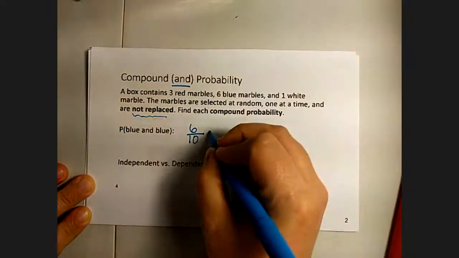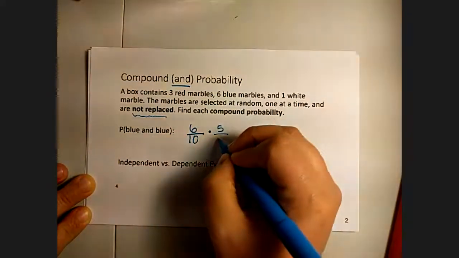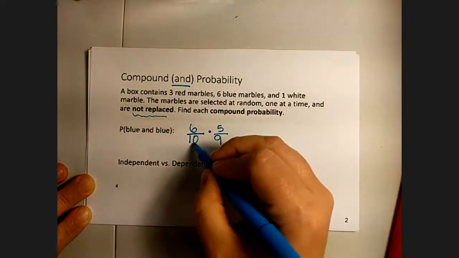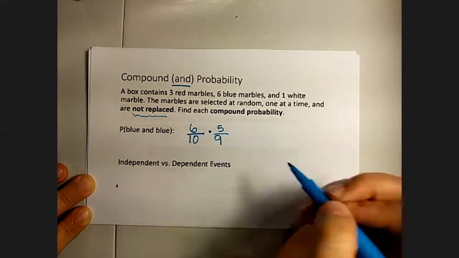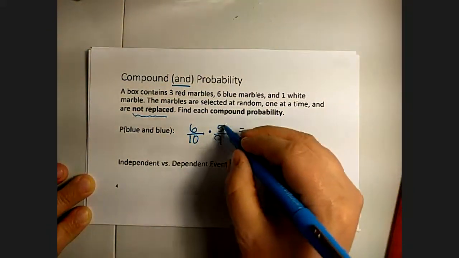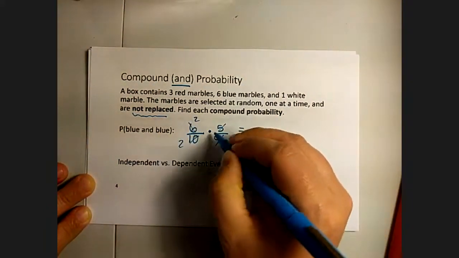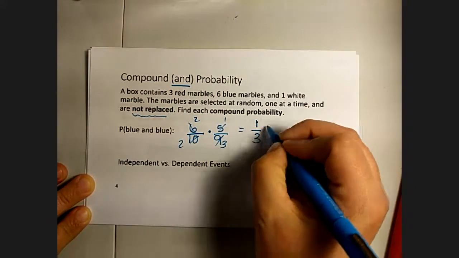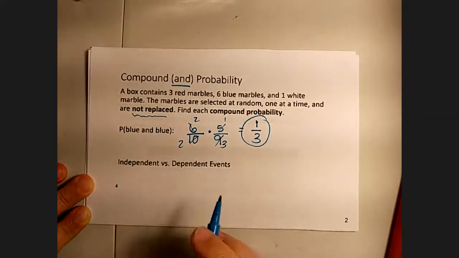The next time, if I've already pulled a blue, I only have a 5 out of 9 chance of getting blue. This decreased because there's one less marble, and assuming I pulled a blue first. Canceling, we've got a 2 and a 3, which gives us a 1/3 chance of that happening.